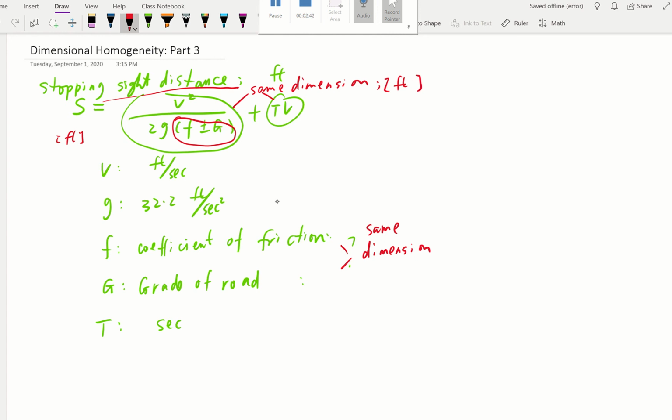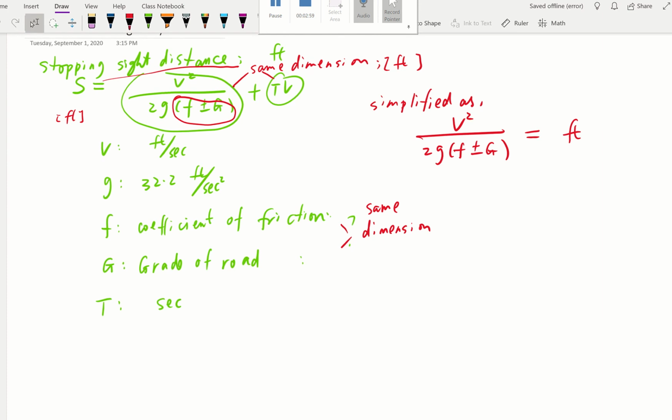So knowing that, this problem could be simplified as V squared over 2g times (f plus or minus G). That's going to have just a unit of foot, right? Now we can plug it in.